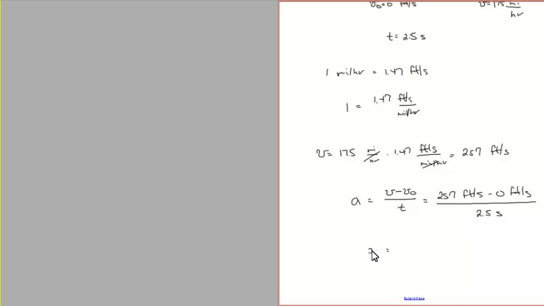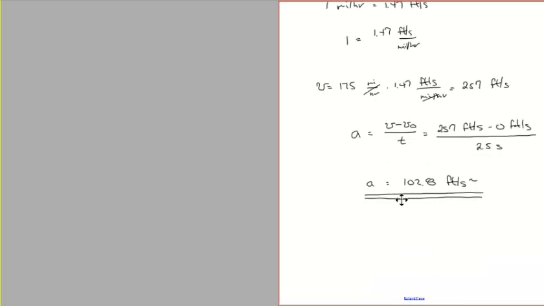And the acceleration is 102.8 feet per second squared. So that's the acceleration. It's positive because we're speeding up. And also, if you think about it in terms of G's, acceleration due to gravity turns out to be 32.2 feet per second squared. So the number of G's would be taking this divided by the acceleration due to gravity.